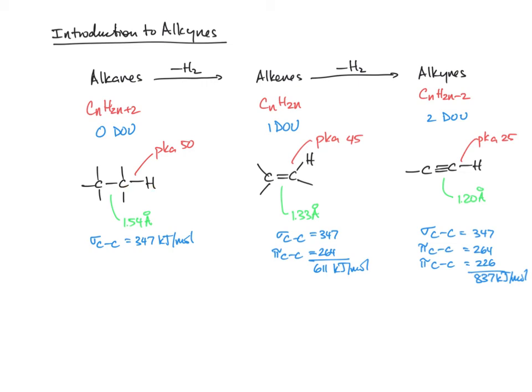The CH acidity is the weakest acid there is, topping off at about 50. The central sp3 hybridized carbon-carbon bond has this distance, 1.54 angstroms. That bond dissociation energy is 347 kilojoules per mole.